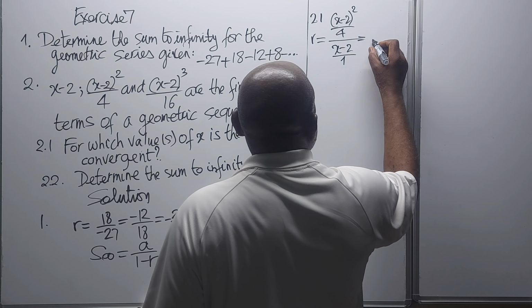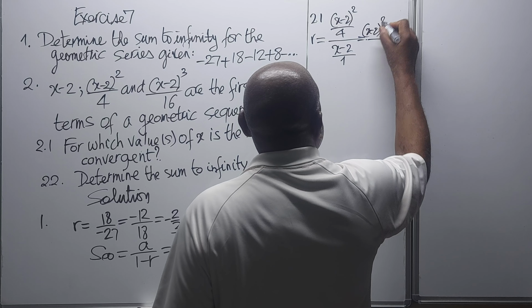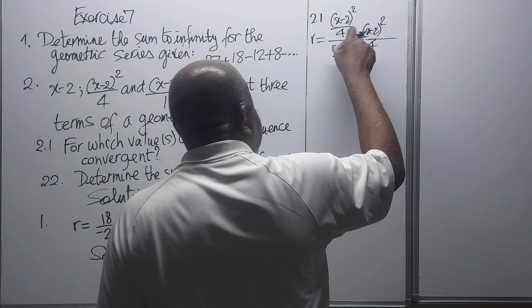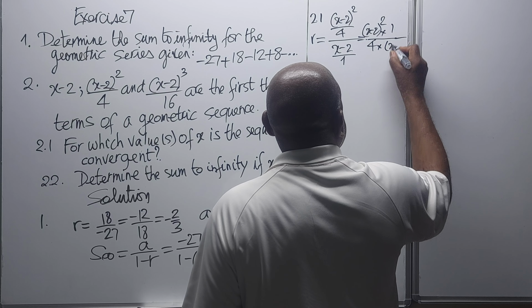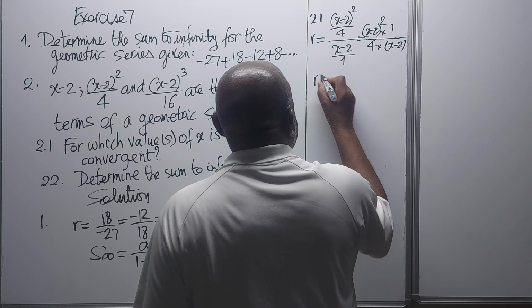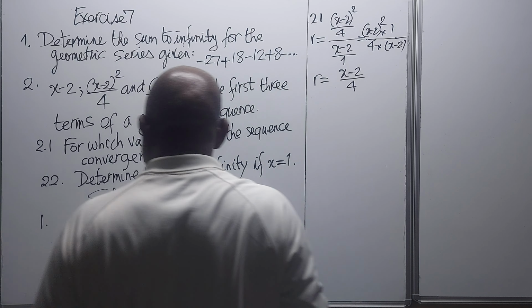So this will be equal to x minus 2 squared over 4. This will be reversed, so we'll be having times 1, and here is going to be x minus 2. So our common ratio will be x minus 2 over 4.